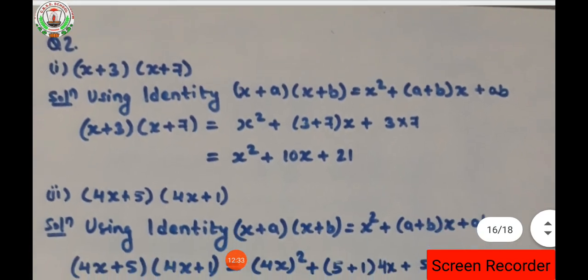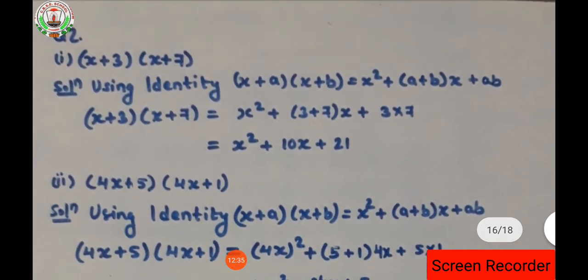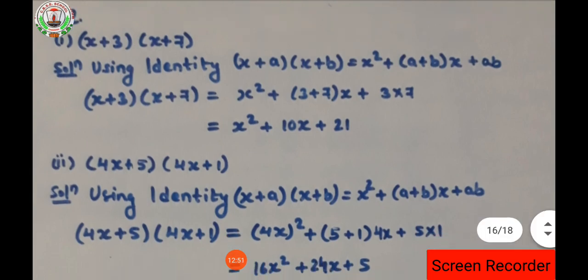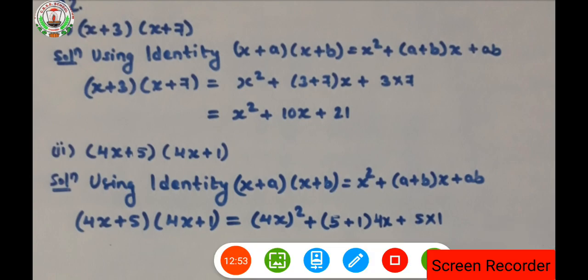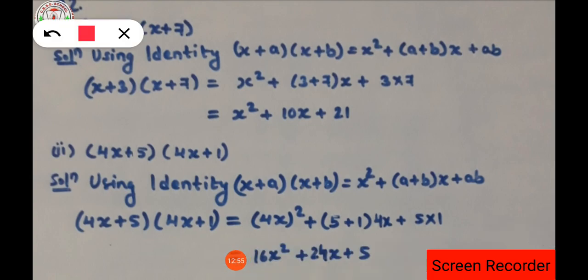Now the second question. In the second question, it is said to use the identity and solve again. It is the same as the first, but in question number 2, the particular identity is given, and only this identity you have to use to solve the questions. So look how to solve this question by using the identity x plus a into x plus b is equal to x square plus a plus b into x plus ab.